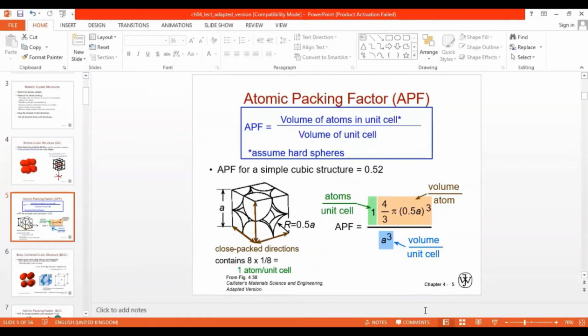If I consider one side of the cube as a, unit volume a, which means the volume is a into a into a. Is that okay? Volume of cube is equal to a height into a length into a width, that is a cube.